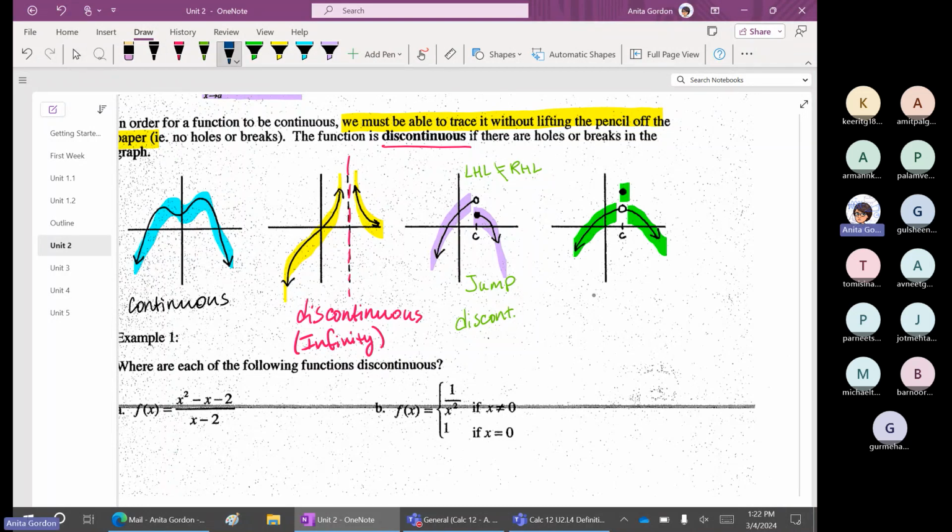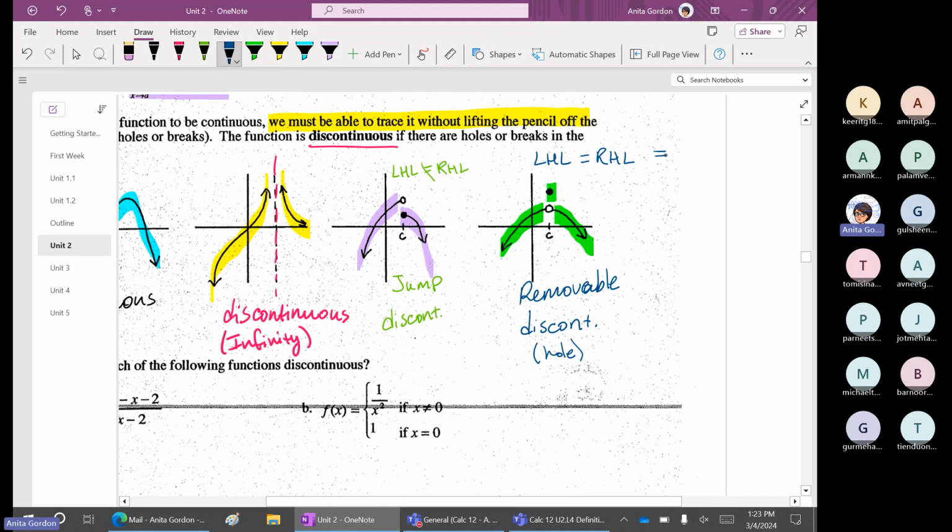Okay, and finally here we have what we call a removable discontinuity. The left-hand limit exists, the right-hand limit exists, and they do equal each other, so the overall limit exists. f is defined at that point.